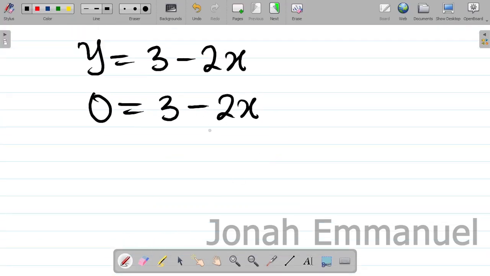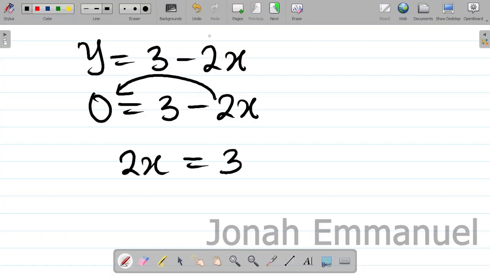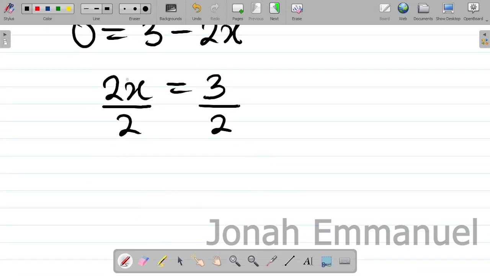First thing I want to do here is move minus 2x over here, or you can move 3, whichever one you still have the same answer. Minus 2x moves over here and becomes plus 2x. So 2x is equal to 3. To get x, I'll divide both sides by 2, and this cancels this.